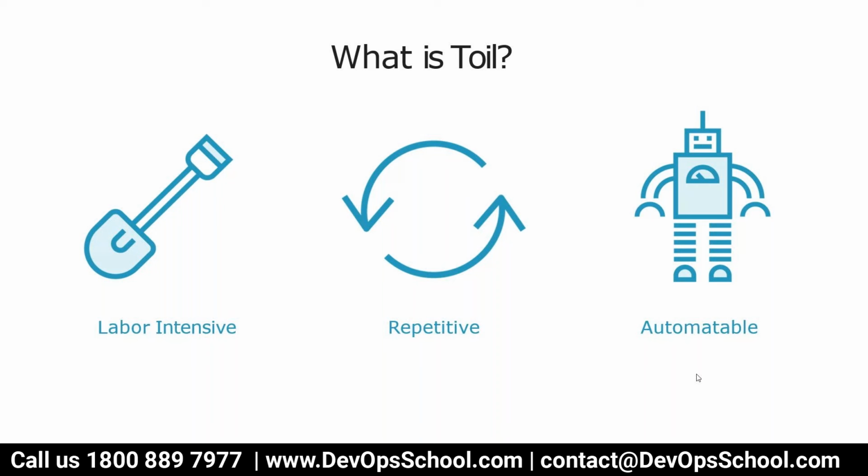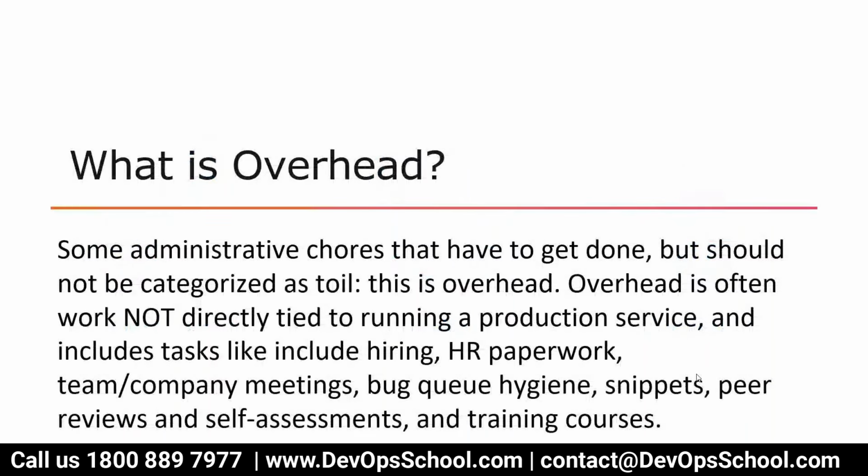So that is the definition of toil. If the things which you are doing repetitive way, labor intensive, but it cannot be automated, that's not toil. Okay, this we call it overhead.